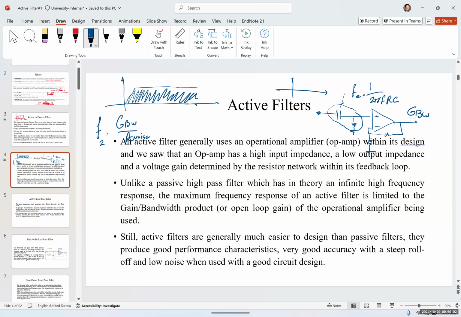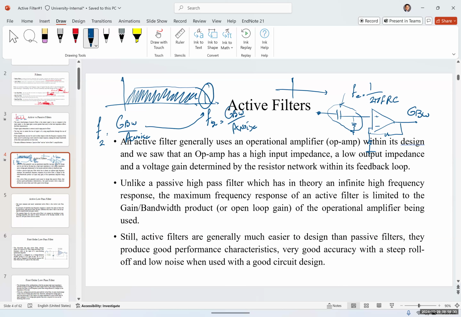Yes. So technically, an op amp doesn't have an infinite upper cutoff frequency. So when you build an active high pass filter, it's technically a band pass filter, because we always have an upper cutoff frequency, which is F2, determined by the gain bandwidth over A noise.